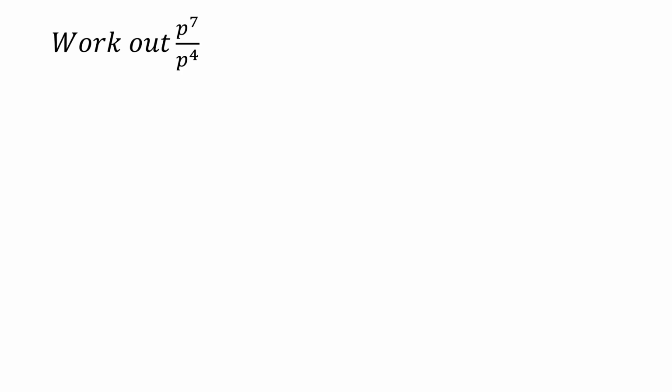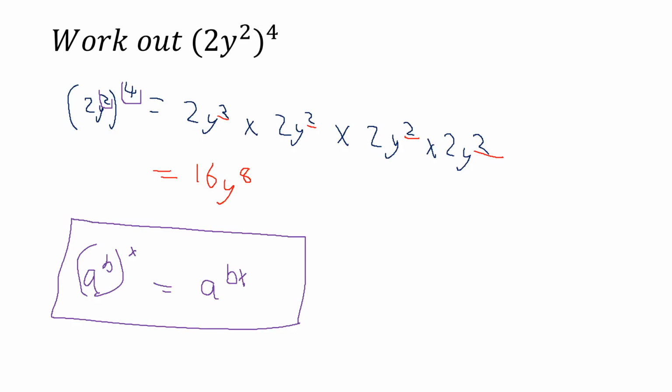What about something like this? P to the 7 divided by P to the 4. Well, if when we multiply we add, what do you think we do when we divide? Exactly. We're going to have to subtract this time.